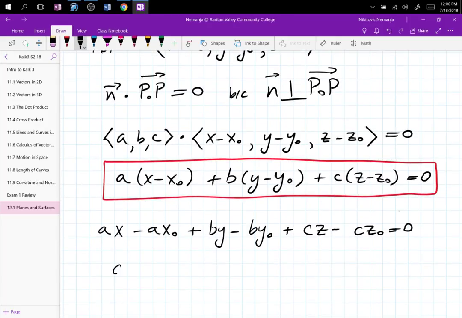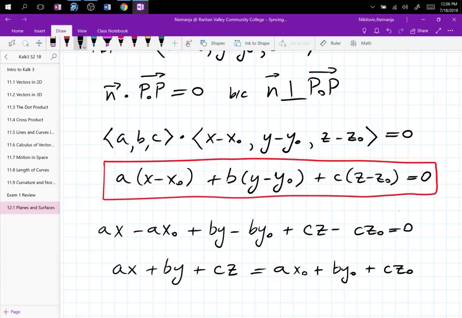I leave AX plus BY plus CZ on the left because those are the variable terms. On the right-hand side, I have AX0 plus BY0 plus CZ0.